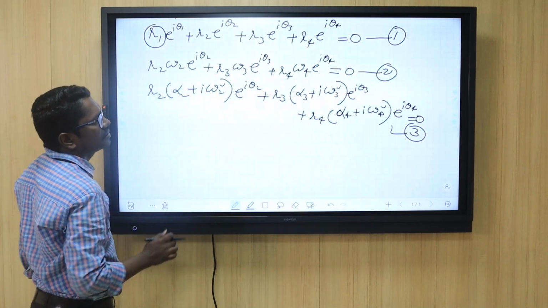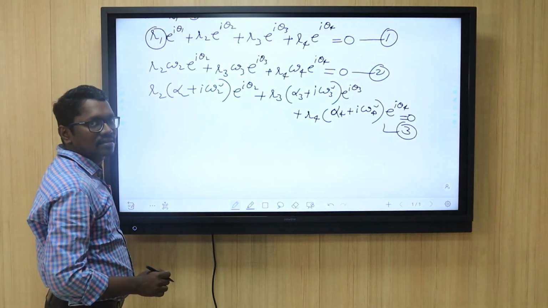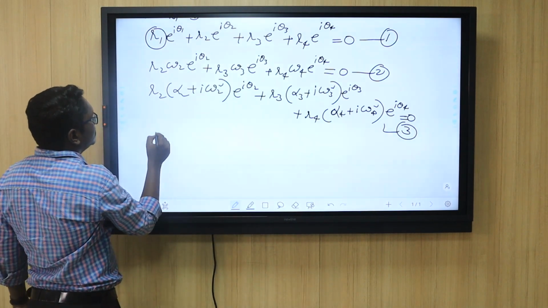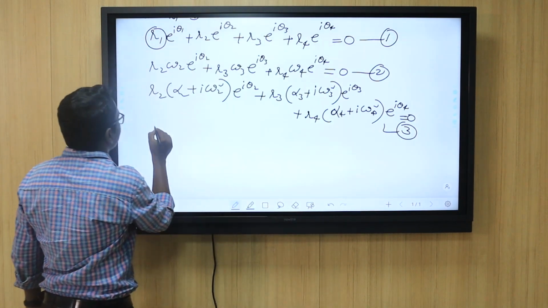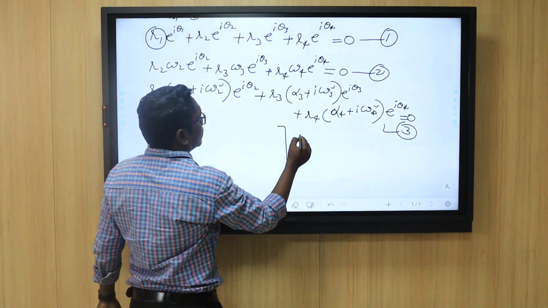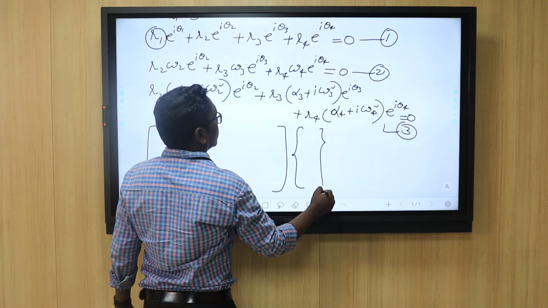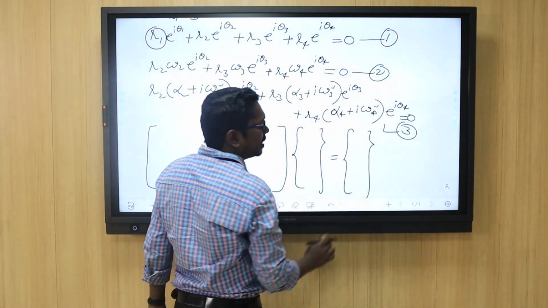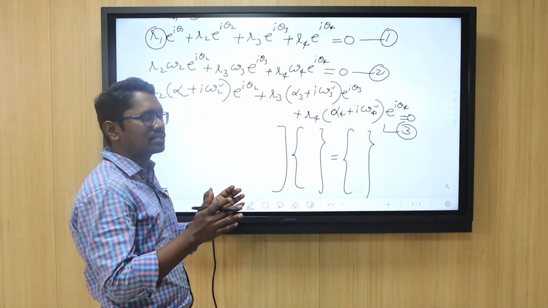For these three relations we have to write the matrix form. So in the right hand side we will write the constants.